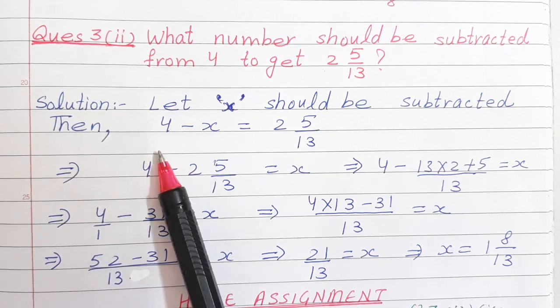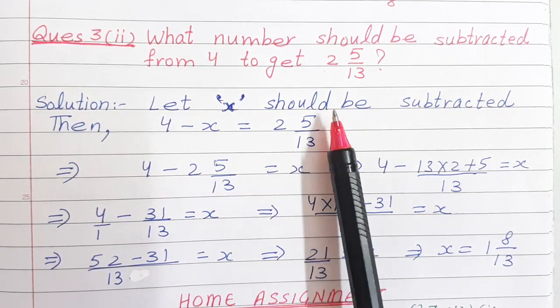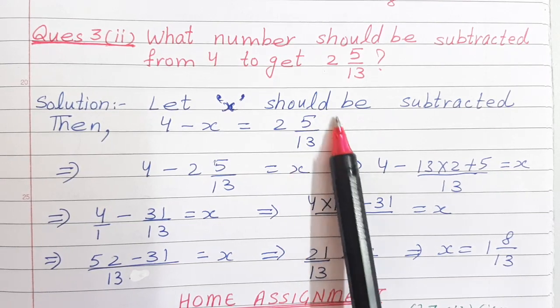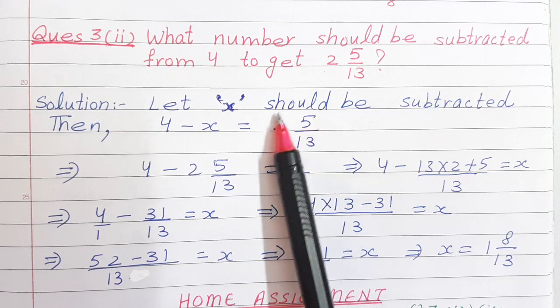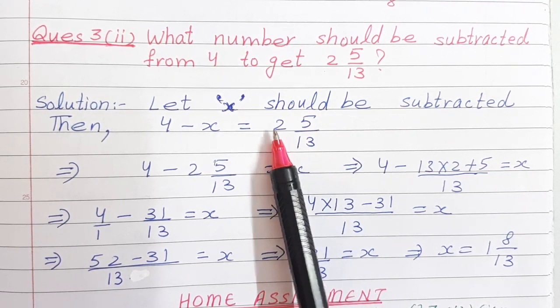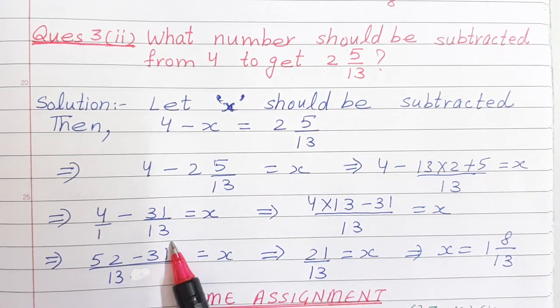Then 4 minus x is equal to 2 5 upon 13. Now 2 5 upon 13 is in mixed fraction. So it is 13 2s are 26 plus 5. It is 31 upon 13, right?